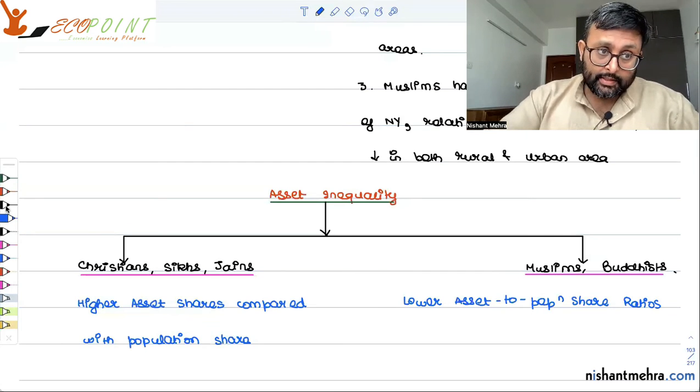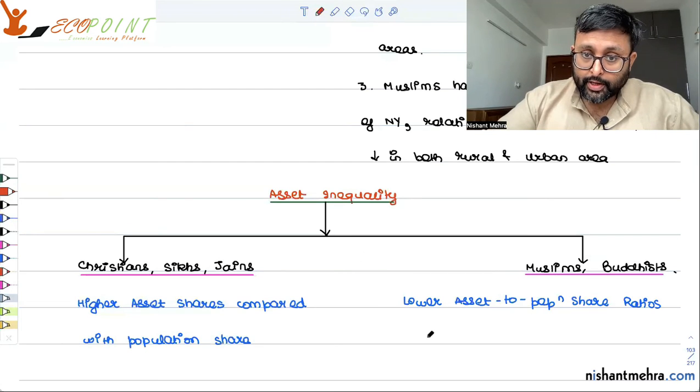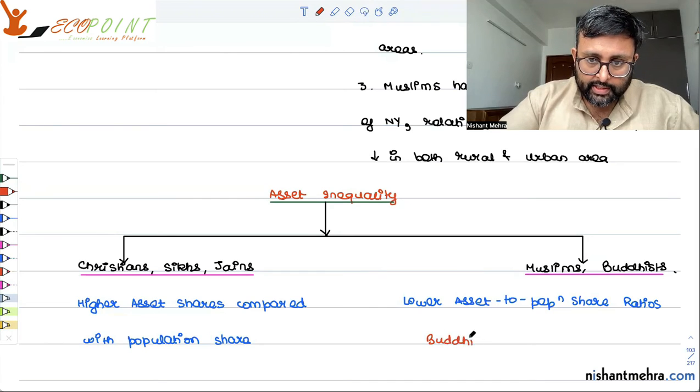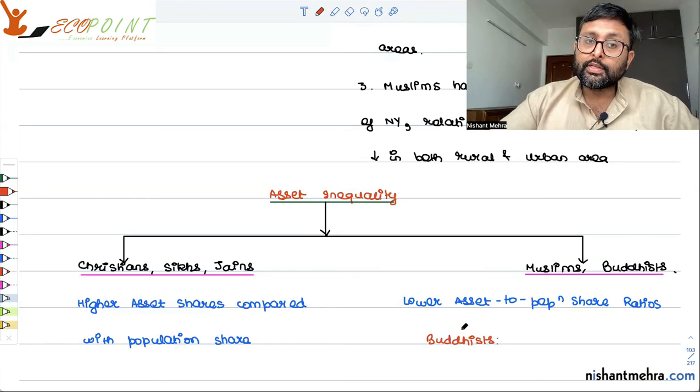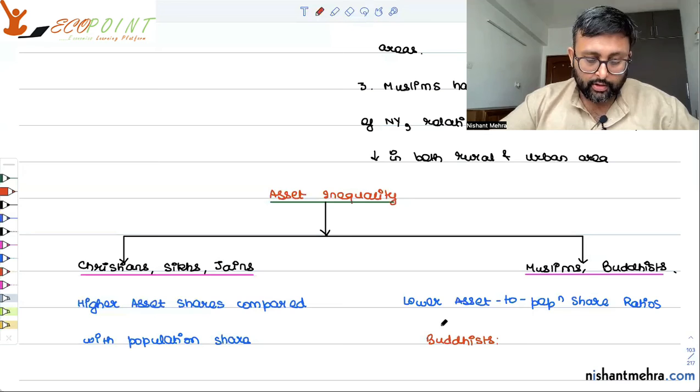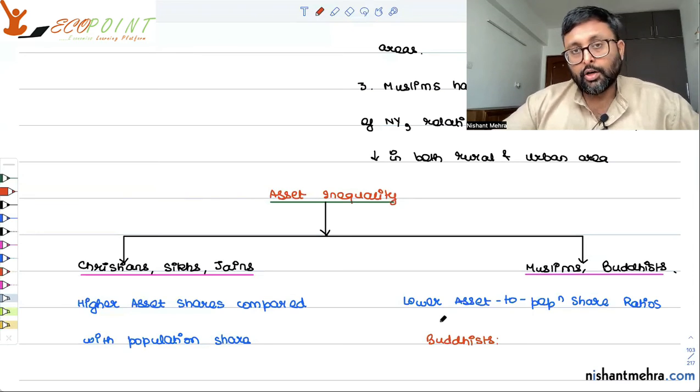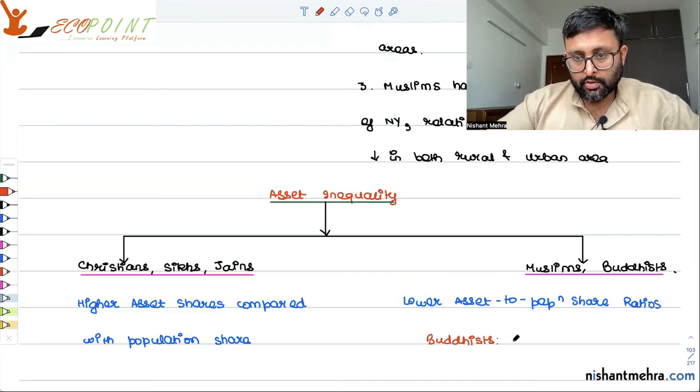For Buddhists, he makes a very good point: why do we find for Buddhists the asset to population share ratio lesser? Because a large percentage of SCs have converted to Buddhism. That also could be the reason. So you can write the complete line. I'm just writing the main thing.